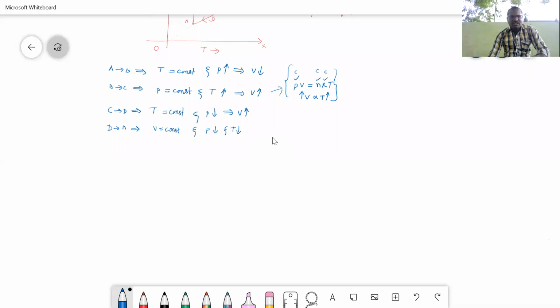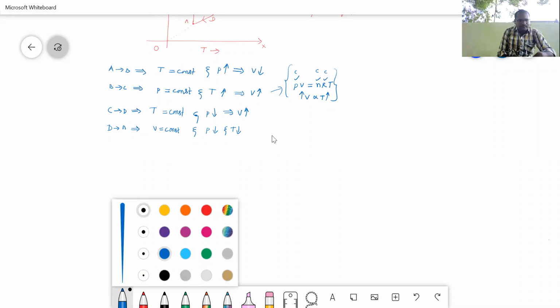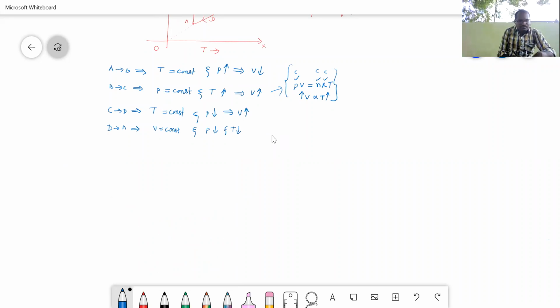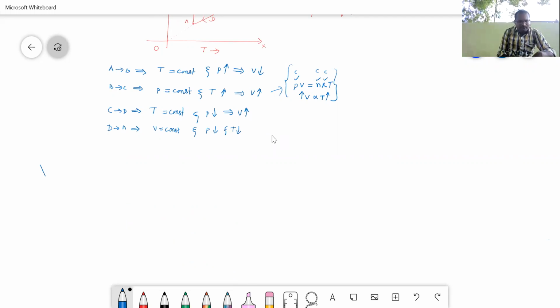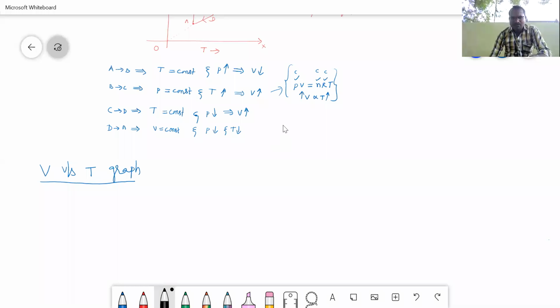With this information, I am going to draw the VT graph. V versus T. So first, let us draw the margin.